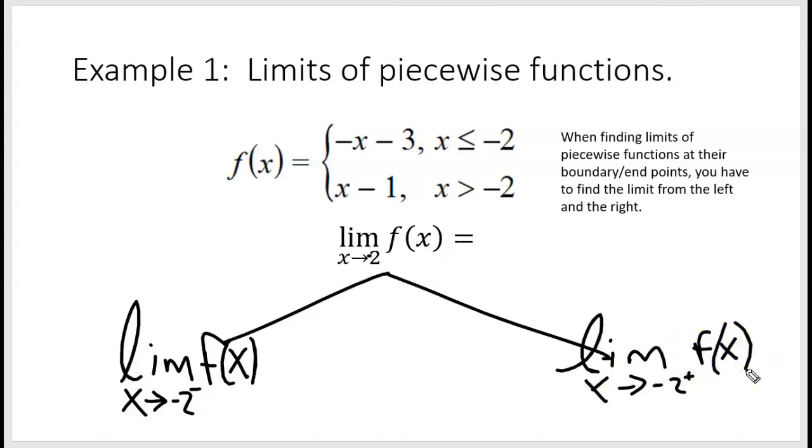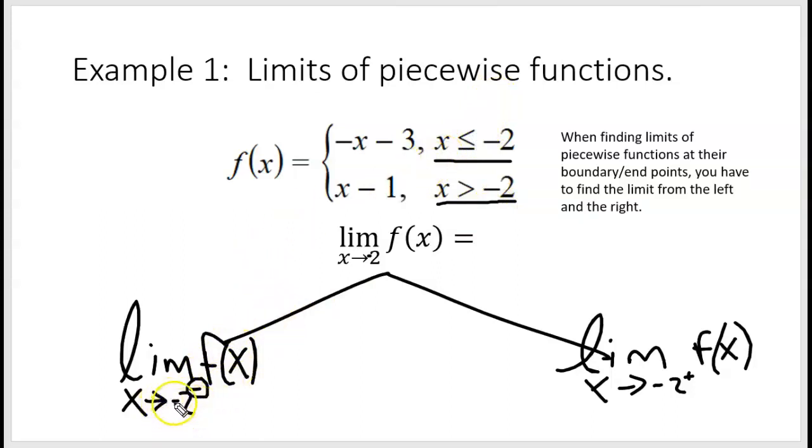Well, if I'm approaching -2 from the left, that means I'm approaching -2 from numbers that are smaller than -2. So let me ask you, which of these inequalities represents values of x that are smaller than -2? I'm going to say the whole question again.